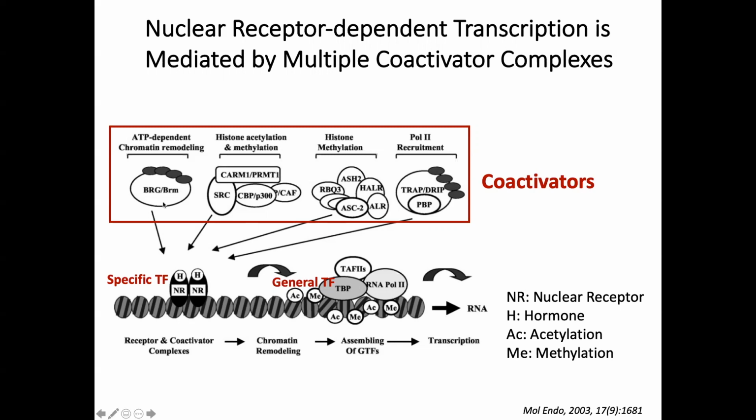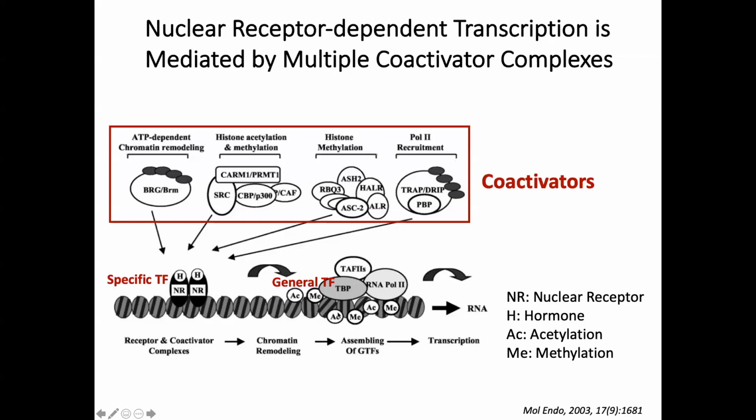First of all, the BRG-BRM complex is an ATP-dependent chromatin remodeling complex, meaning the proteins in this complex can utilize ATP, or energy, to remodel, or you can say change, the chromatin organization, all right? The SRC co-activator complexes contain enzymes that can modify histone proteins. The modifications include acylation and methylation, okay?